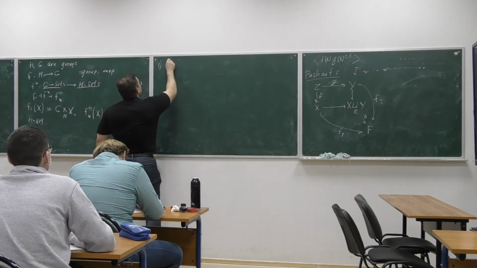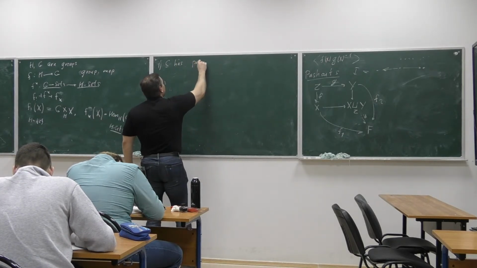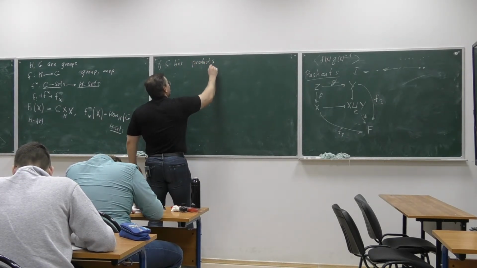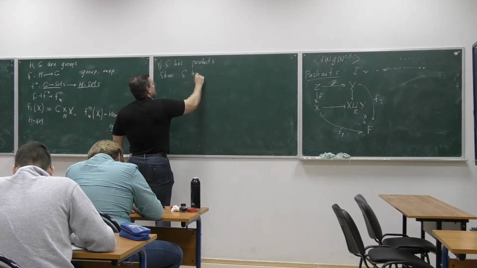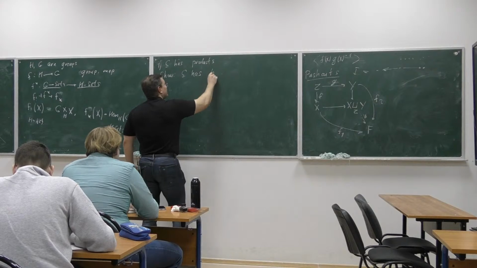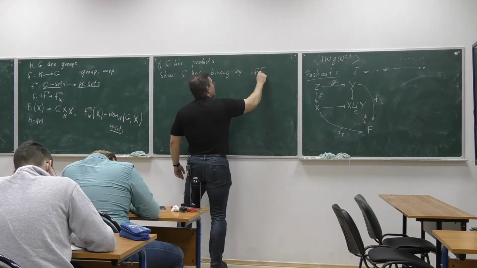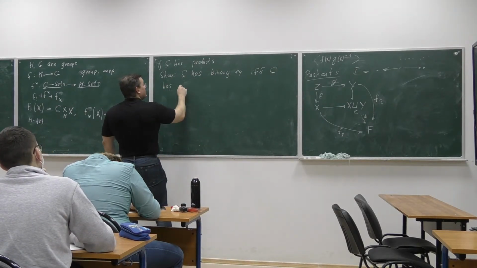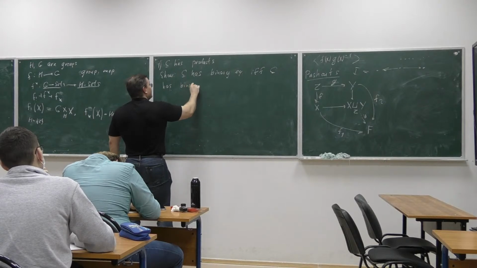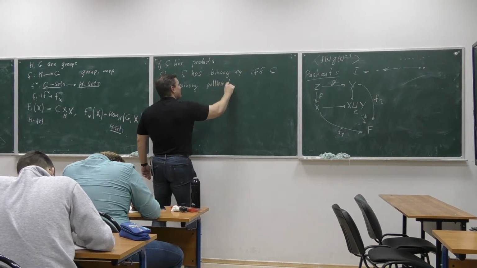So first, C has products. So show C has binary equalizers if and only if C has binary pullbacks.